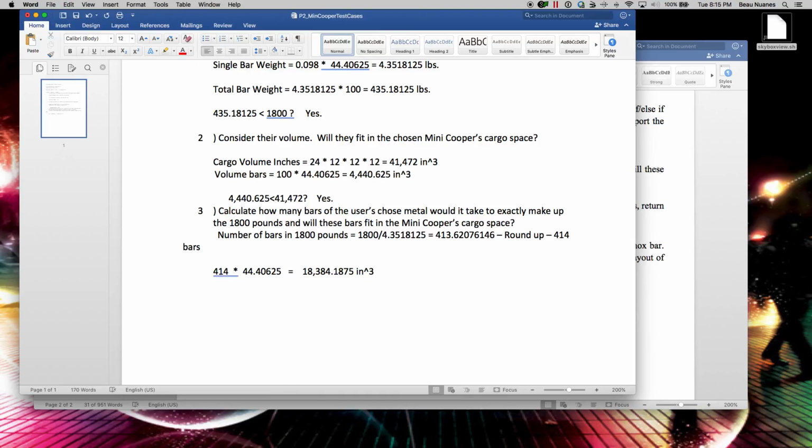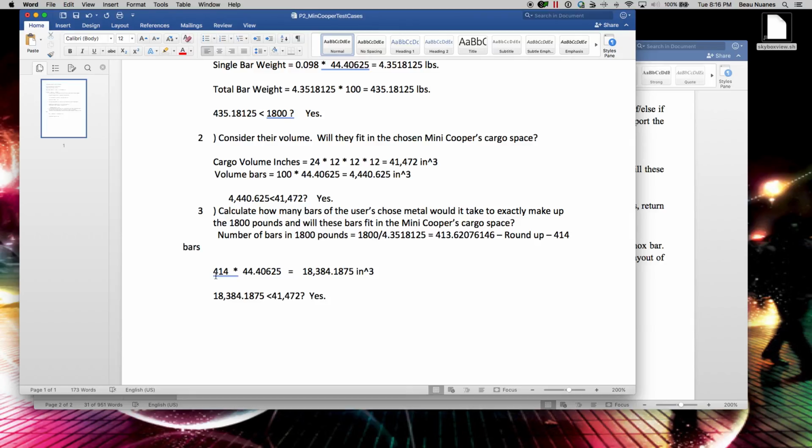So then we just basically ask that same question that we did above, is 18,384.1875 less than 41,472? It is, so the answer to our third question is also yes. It will fit in the cargo space.